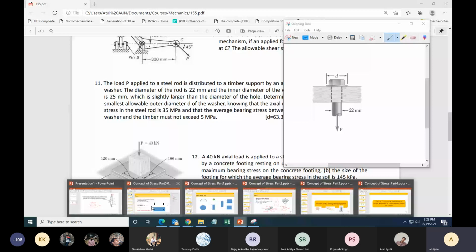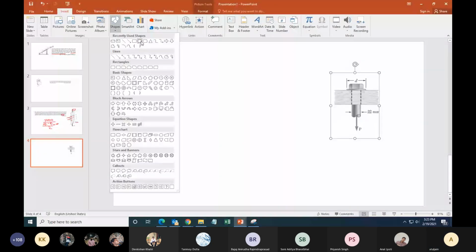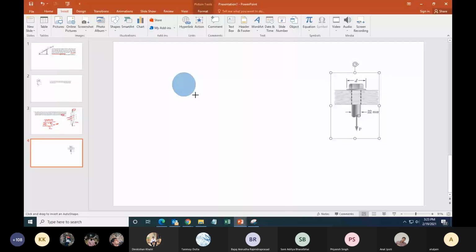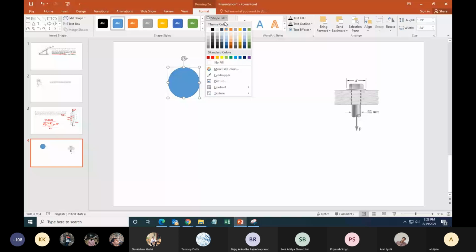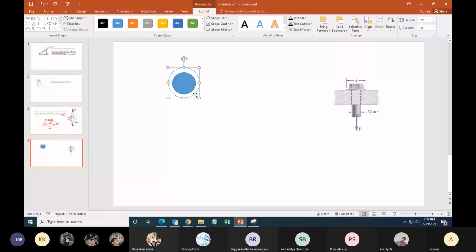Let's draw the top view. This is also historically a question where students struggle. I expect that there might be some struggle. So, and then there is another circle.